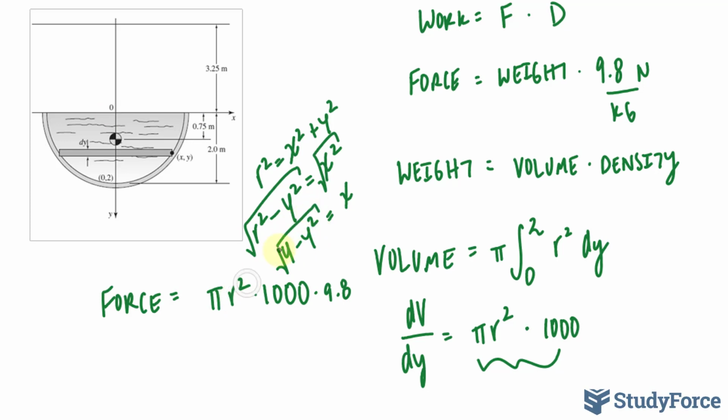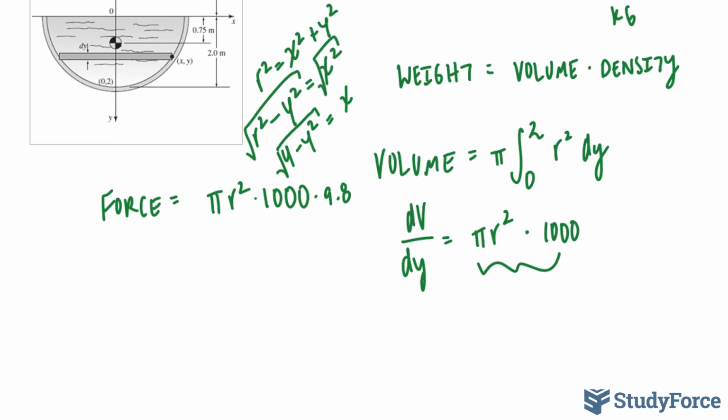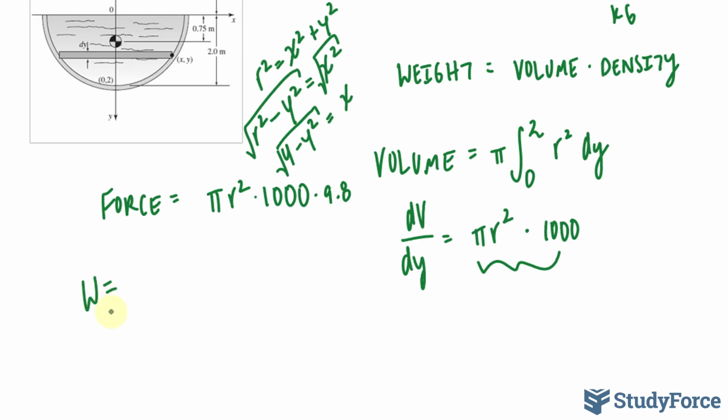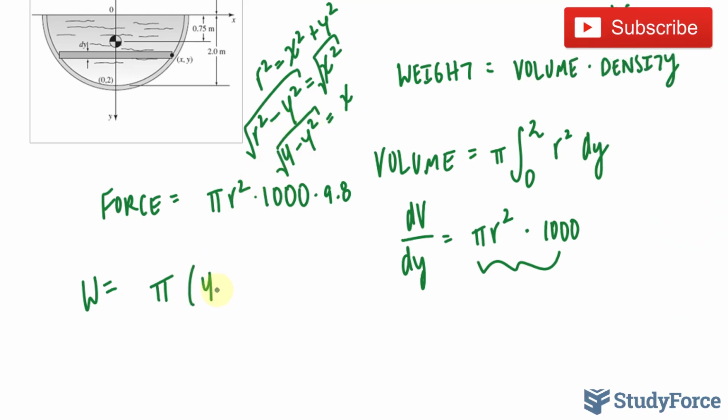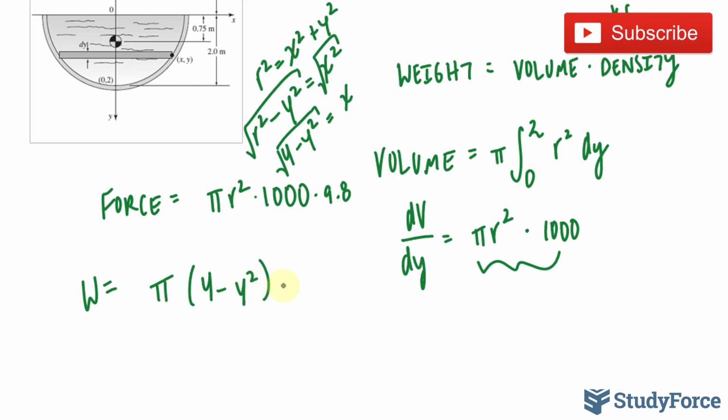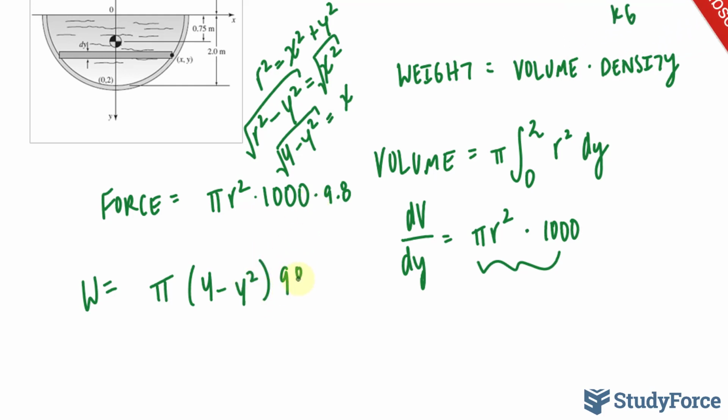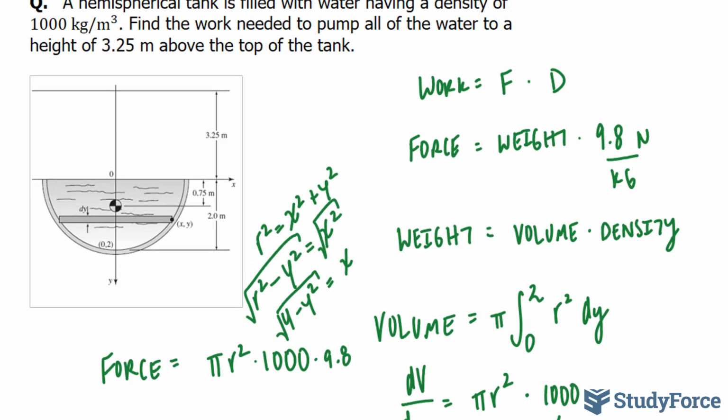I'll be replacing this r with the following function, and subsequently I'll take this function and place it into here, where I have work is equal to pi times this thing to the power of 2, leaving us with 4 minus y squared times 9,800. And lastly, we need to find an expression that represents distance.